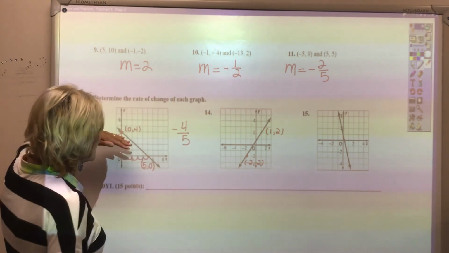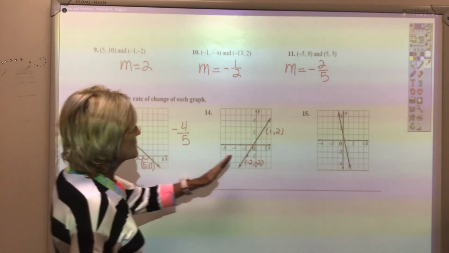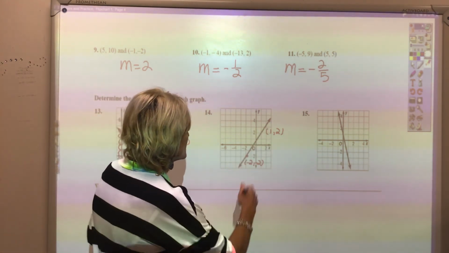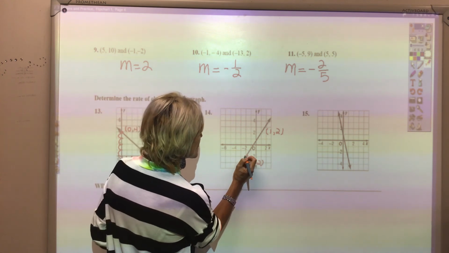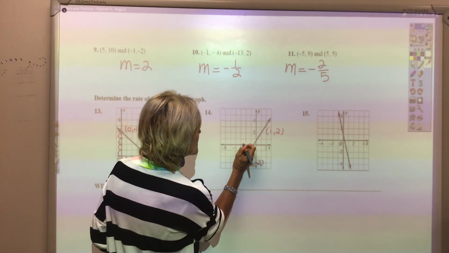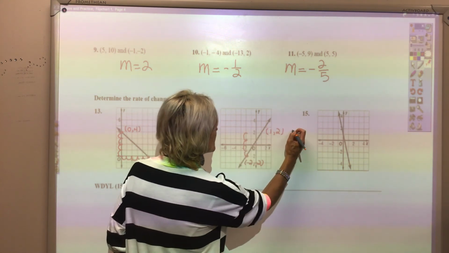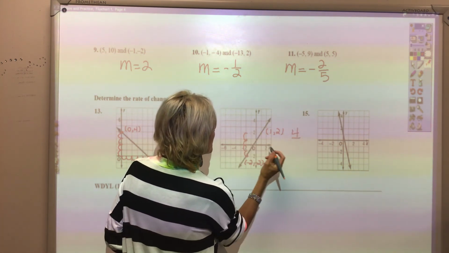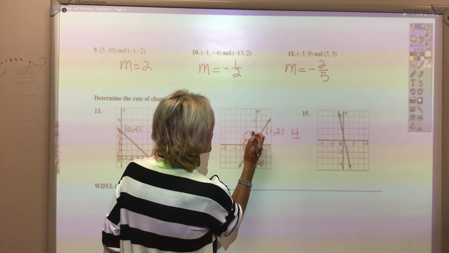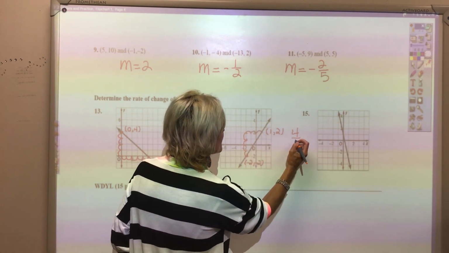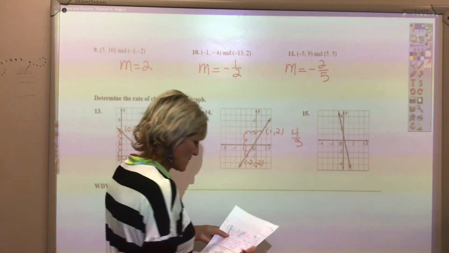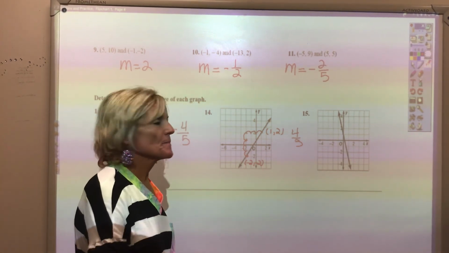See the difference? Here's negative going down, positive's going up. So we're going to count. We're going up 1, 2, 3, 4, and we're going over 1, 2, 3. So our slope is 4/3.